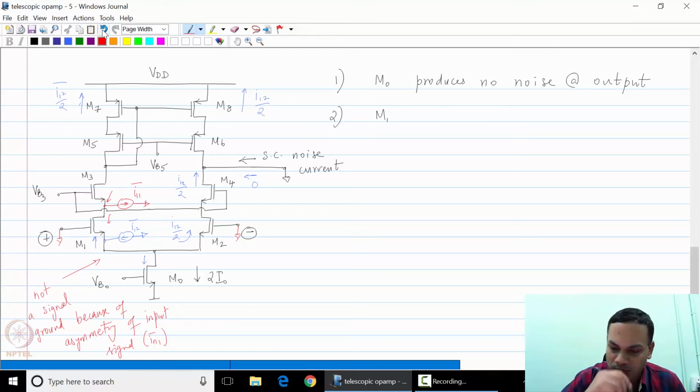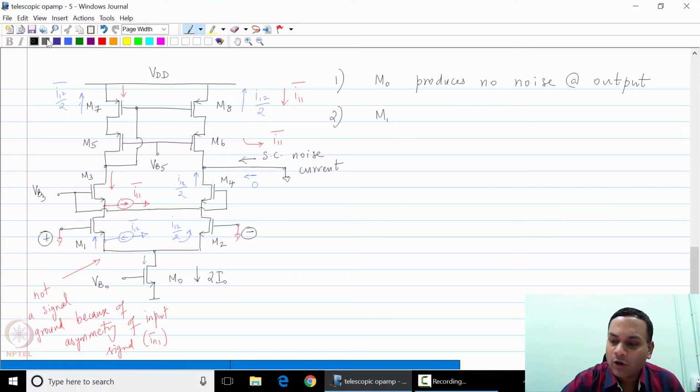Therefore, what happens is that most of this current flows from M3, and this current flows down through M7 and gets reflected through M8. So this current is I11. There is very little current flowing through M1, M0, M2 and M4, and this current flows through the short circuit.